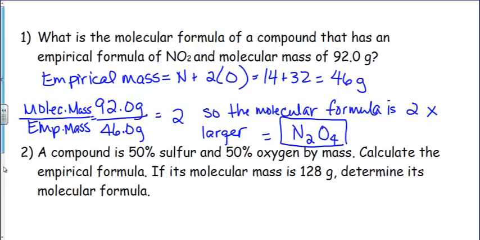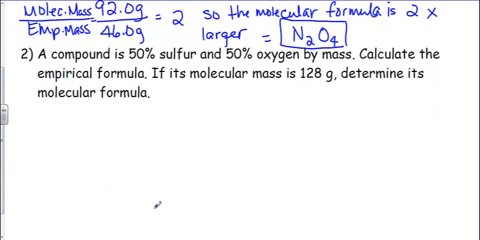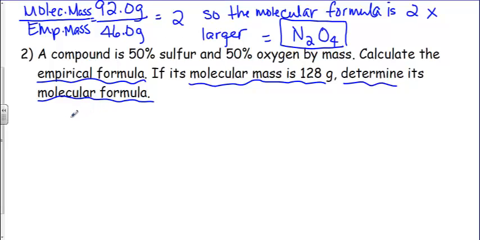Number 2, a compound is 50% sulfur and 50% oxygen by mass, and they give us a molecular mass. We don't have the molecular formula, and we need to get the empirical formula as well. So we have to do 2 different things here: determine the empirical formula based on percentages and the molecular formula. Step 1, percentages get converted to grams.